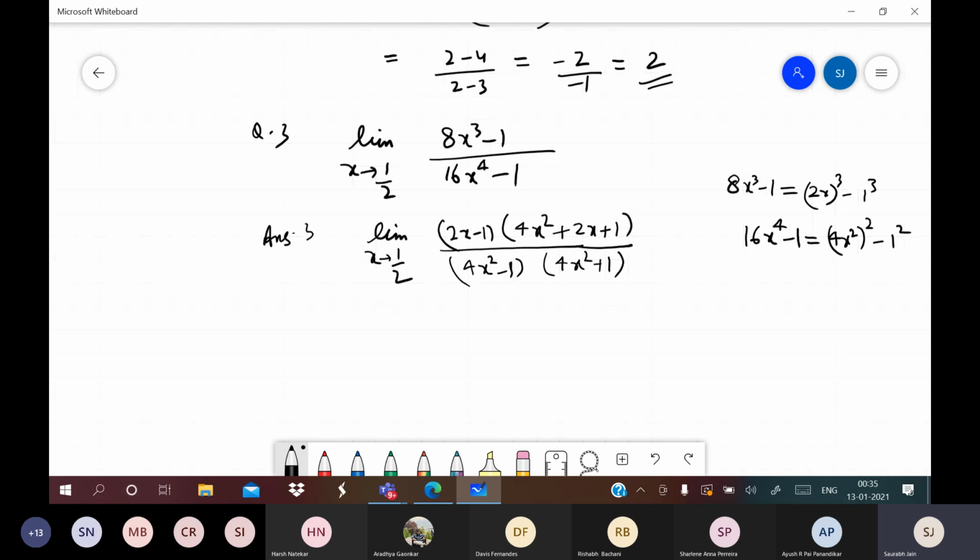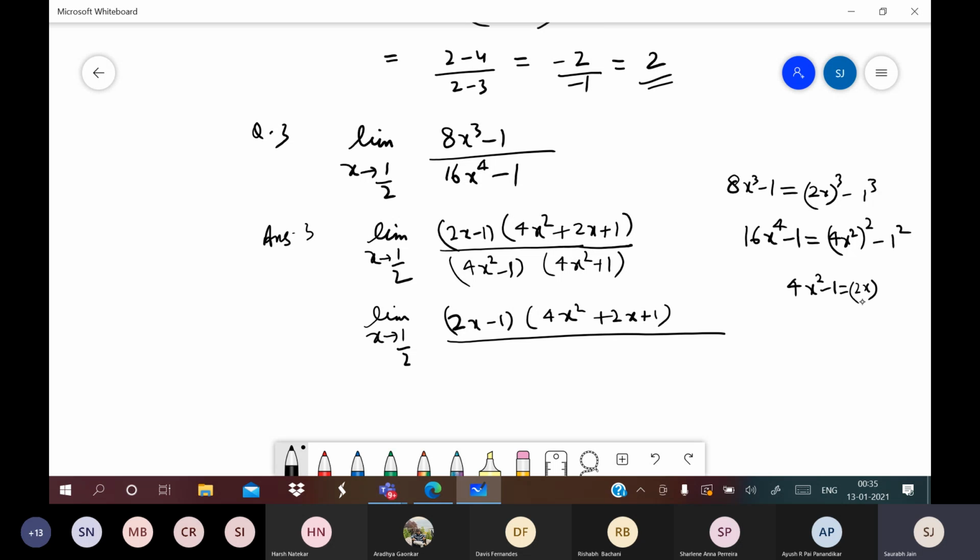Then after this, you are not observing anything common, right? Not observing anything common, because you will have to factorize this denominator once again. Okay, again factorize this first term of the denominator, 4x square minus 1, by using a square minus b square.